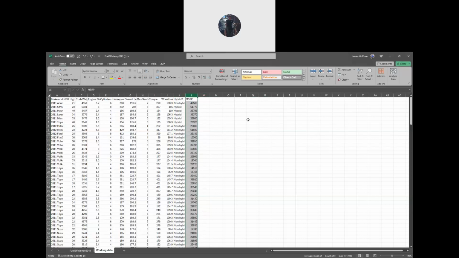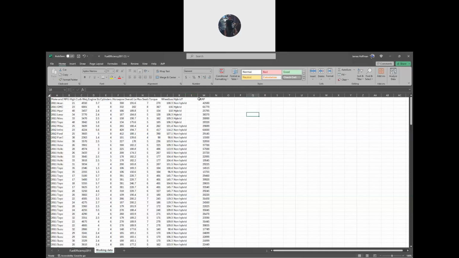Click on the L column, and then under Home tab, hit the Insert button, and it should insert a column. Then the new L column, let's call this hybrid.